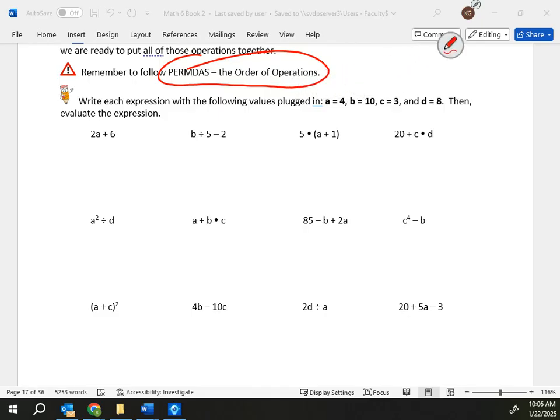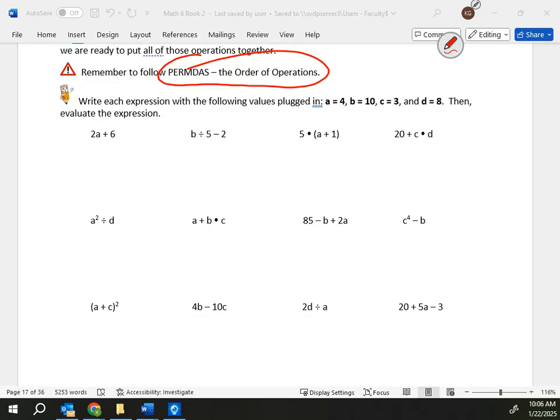But remember, when we're filling in our variables, if that number is right next to that variable, what operation does that automatically mean? Aiden? Times. So if you remember that, you don't have to write it.